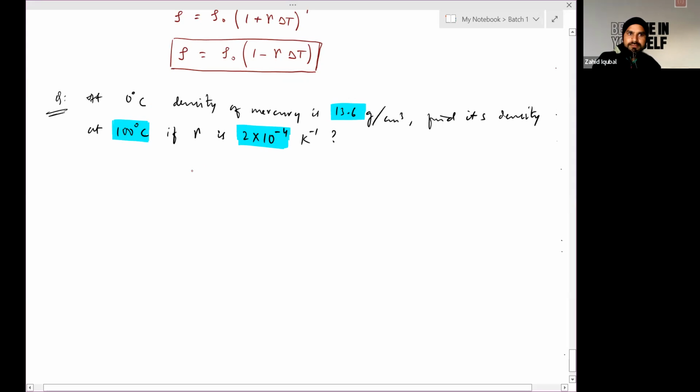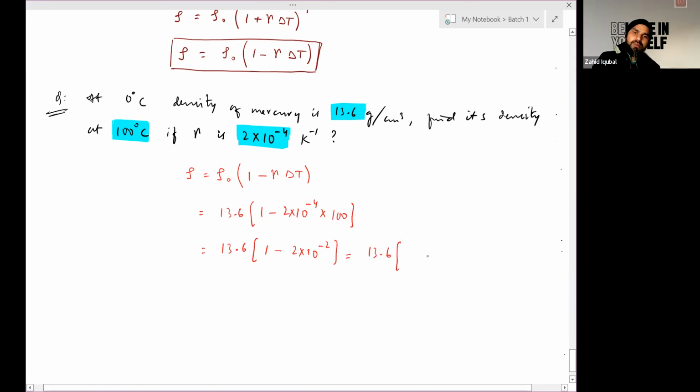Just use the above formula. Rho equals rho naught (1 minus gamma delta T). So we have rho naught as 13.6, gamma is 2 into 10 to the power minus 4, delta T is 100. So on solving, you'll get 13.6 (1 minus 2 into 10 to the power minus 2), or 13.6 (1 minus 0.02).